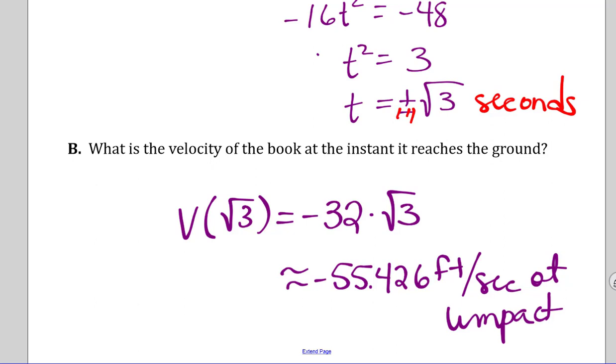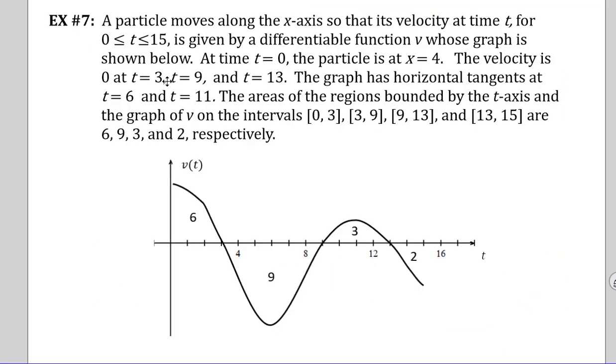All right, final question has 4 parts, but we can make it. The particle moves along the x-axis so that its velocity at time t, for 0 less than or equal to t less than or equal to 15, is given by a differentiable function v whose graph is shown below.